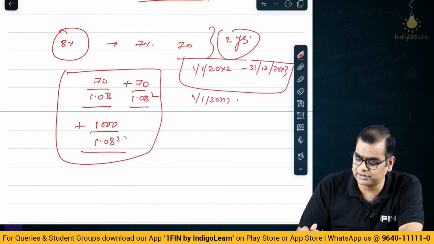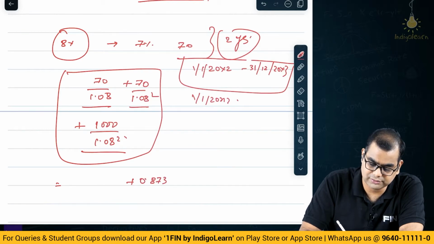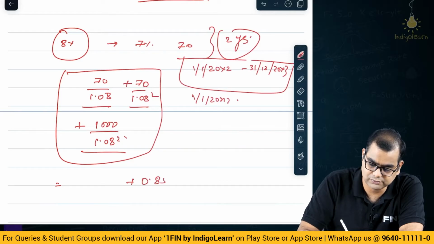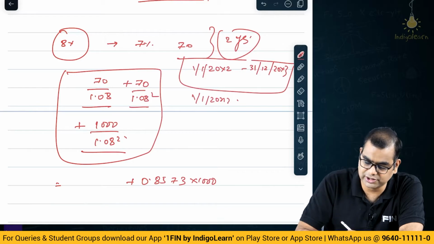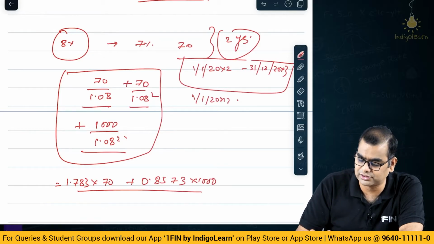So, this will be 1 by 1.08 is equal to once, twice, GT: 1.783 into 70 plus 0.8573 into 1000.